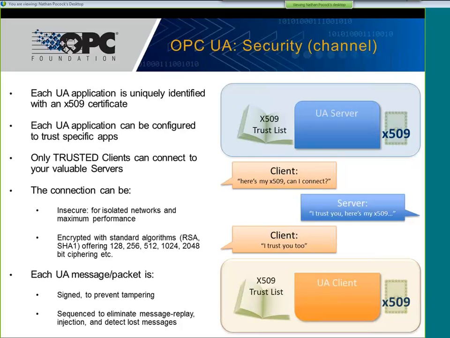So we talked about security, and in this day and age, security is quite high on everybody's list. Well, this is quite a big feature in OPC UA. Each application now has its own identification. We use X509 certificates. So an HMI, a client, will have a certificate that uniquely identifies it.